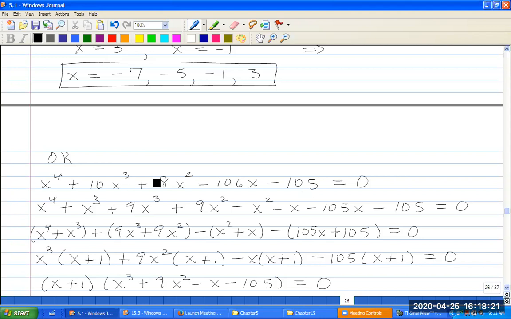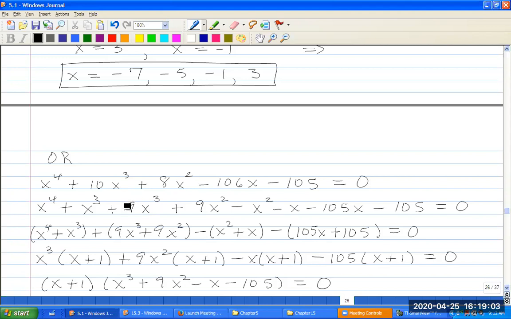And that's what I'm going to do. So now I just noticed that I should be able to factor this relatively easily. So rather than going through all this stuff before, where we had to simplify things involving cube roots of i's and dealing with horrible numbers, let me try to write 10 as something involving 1 and 9. So x to the 4th plus x cubed plus 9x cubed.